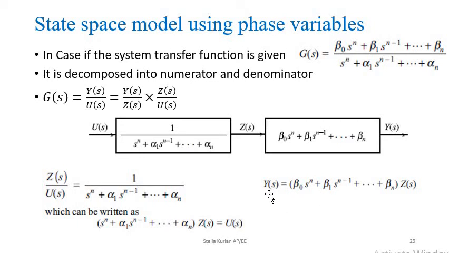And similarly, Y of s will be equal to beta naught s raised to n plus beta 1 s raised to n minus 1 plus etcetera, plus beta n, into Z of s. Now you have two different transfer functions, and from them you obtain two differential equations. You may take the inverse Laplace transform of both equations, then choose the corresponding state variables and proceed.